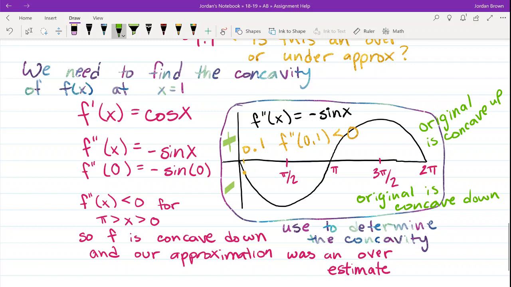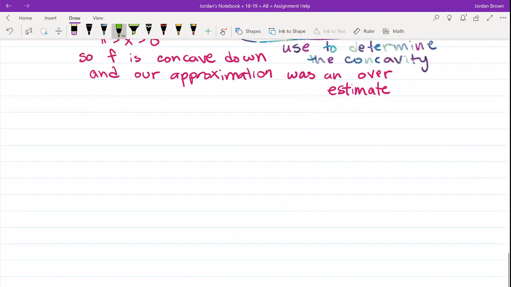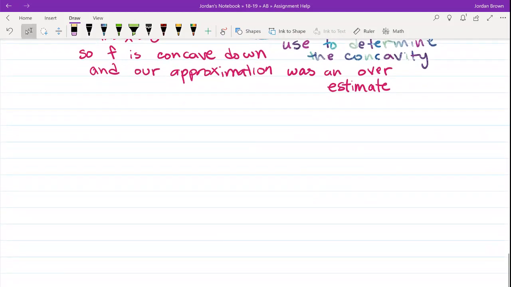Alright, so we're going to do a Rolle's theorem question. Can y'all refresh me on what the Rolle's theorem question was? Just what is Rolle's theorem? How do we do it?